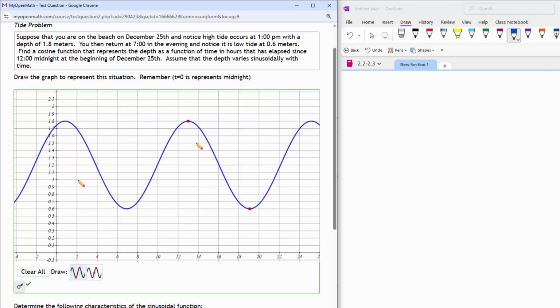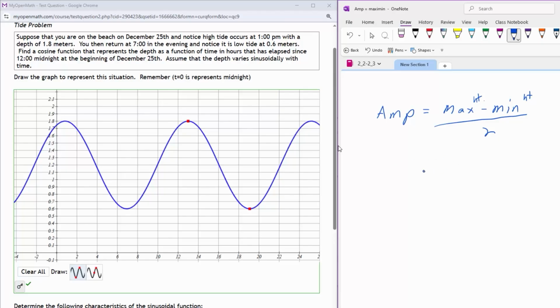So how do you find that if you've shifted the graph up? Well, the formula I mentioned in class: you can take the maximum height minus the minimum height, this is height for both of these, and divide by 2.